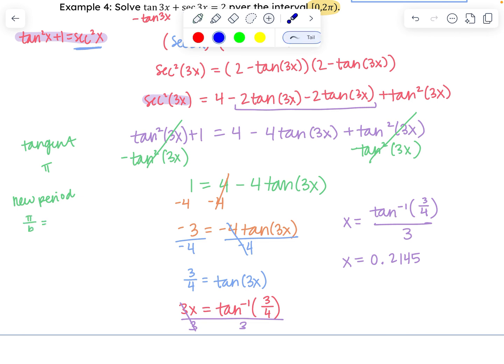Well, my b value is that 3 that was with that x, right? So pi over 3.